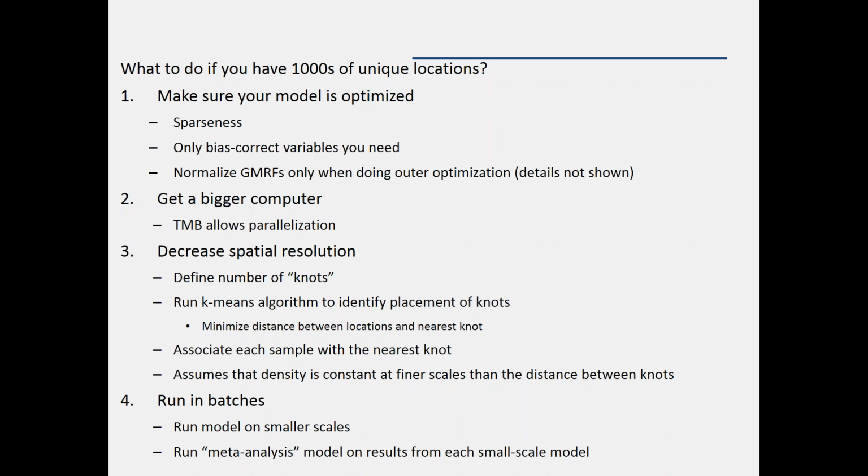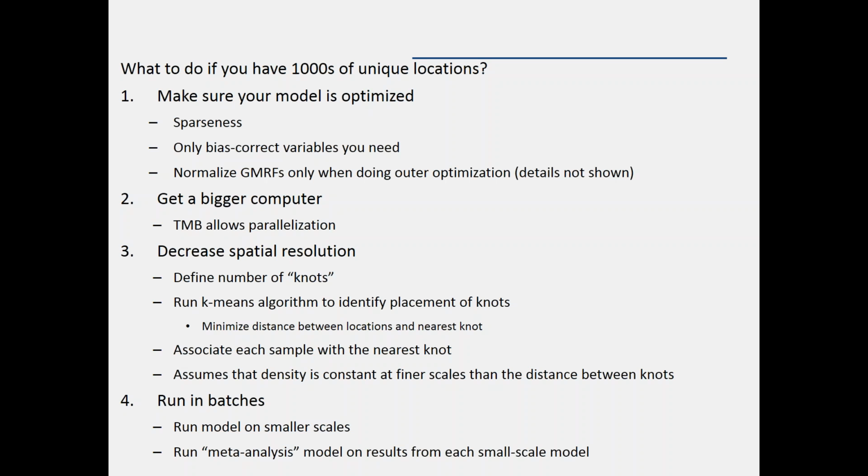You can do the inner optimization and evaluate the probability of the GMRF just by taking that sandwich product and not dealing with the determinant at all. And so Casper has put in this neat feature where you can build a model that does the full probability density function calculation only when doing the outer optimizer.